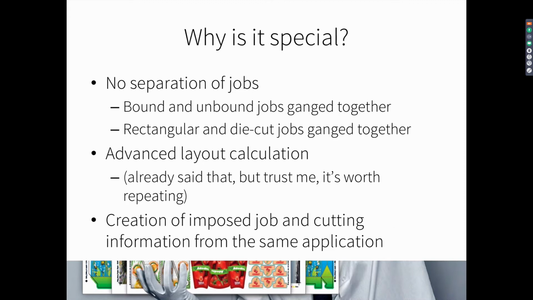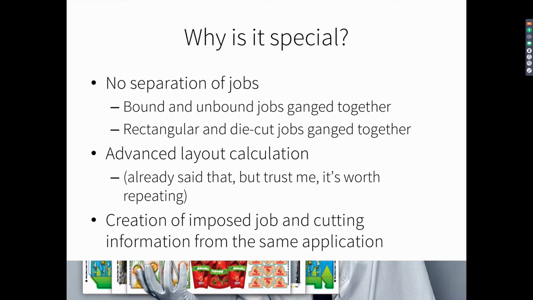So why is Imp special? There are a number of players in this market, of course, and what is it that makes Imp stand out from these other applications? Well, first of all, what we already talked about a little bit is that there is no separation of jobs, meaning that Imp supports all kinds of different jobs, but secondly, it can gang these different types of jobs together.